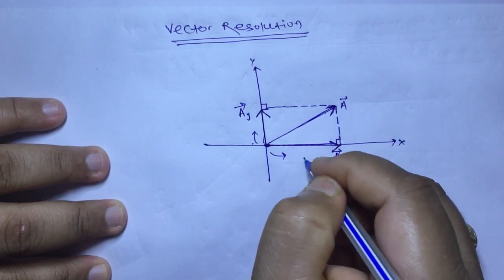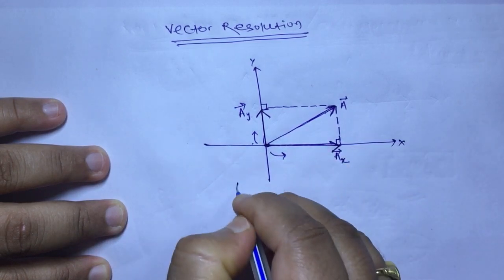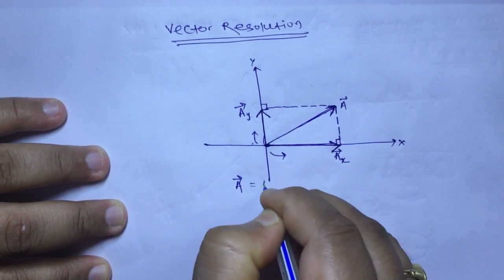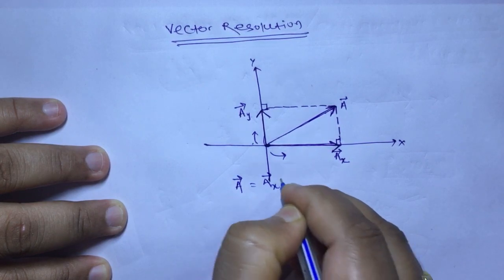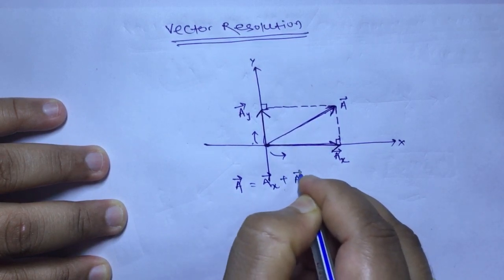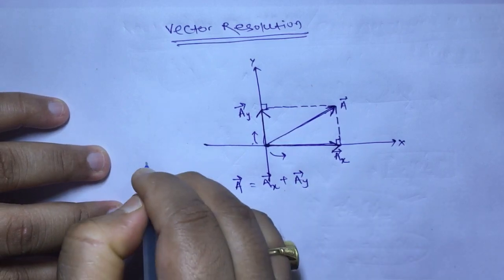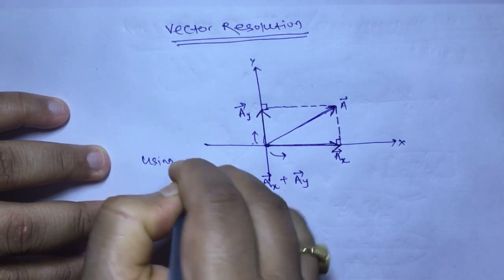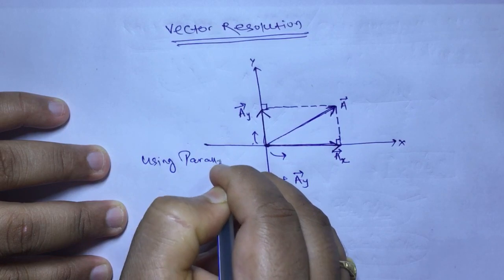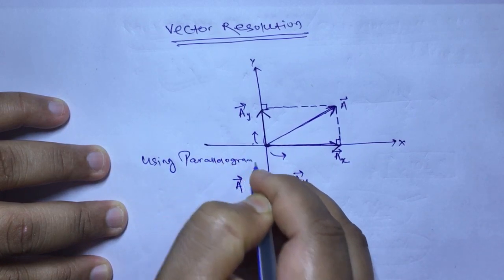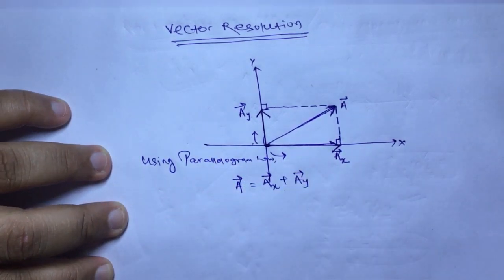So I can obviously tell, using the parallelogram law, that a vector equals ax vector plus ay vector. Where did I get it from? Using the parallelogram law. Yes or no?